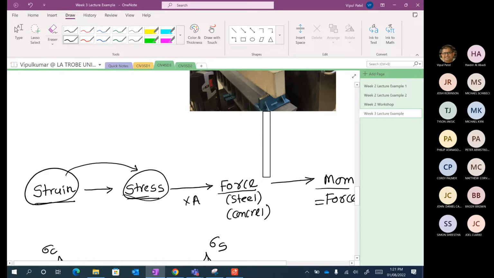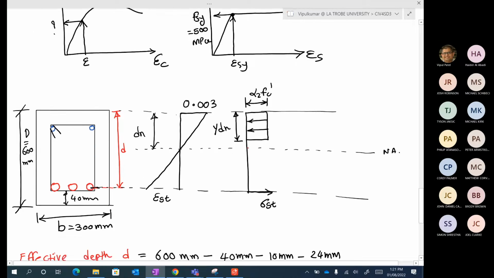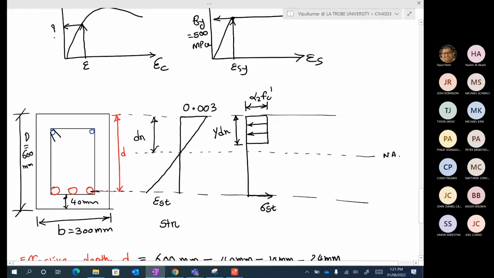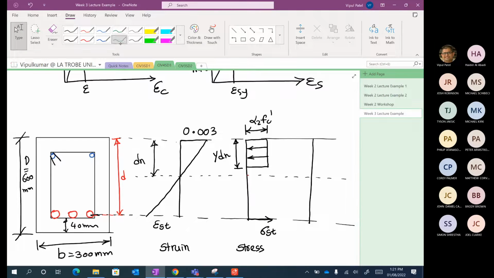So I hope you're following. We have done strain to stress, and now we are going for the force. So here is the strain, here is the stress. Now we are going for force. If I want to calculate the force in the concrete, I would have a force acting in the center of the rectangle.